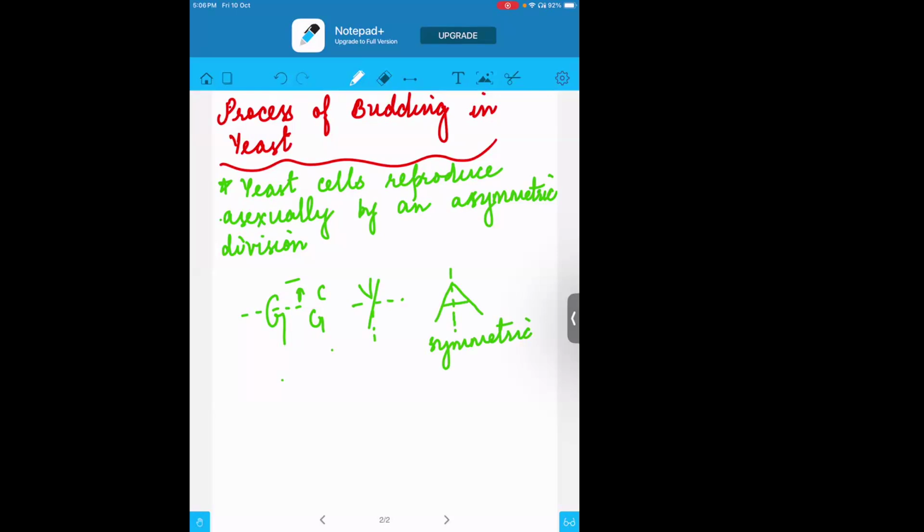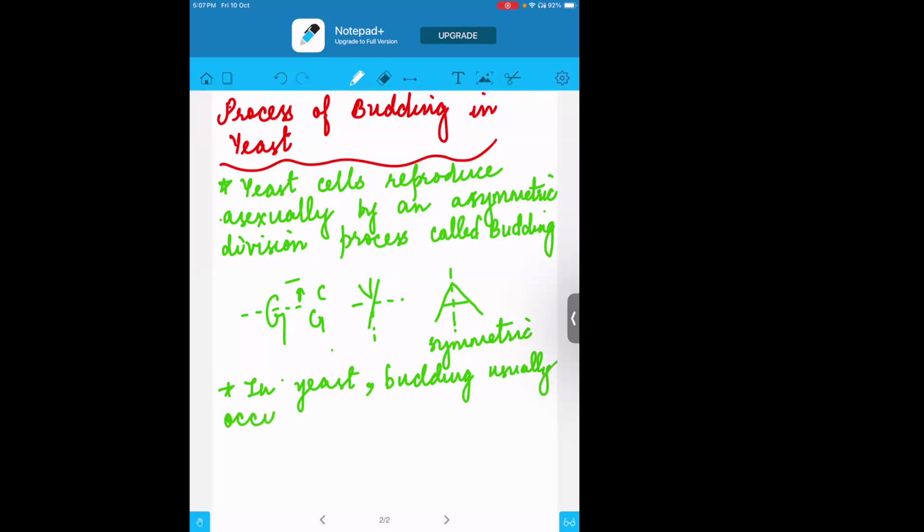So in the case of the yeast cell, the asymmetric division process happens, which is called budding. Now in yeast, budding usually occurs during an abundant supply of nutrition.